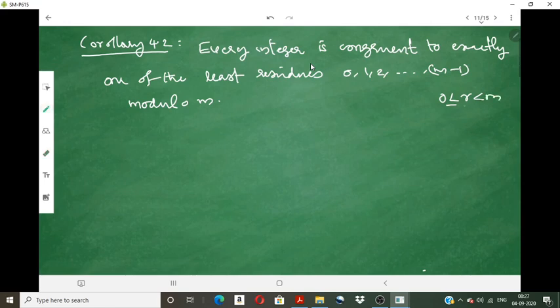So the possible values for the remainders, or least residues, are 0, 1, 2, etc. up to m minus 1. So every integer is congruent to exactly one of the least residues 0, 1, 2, 3, etc. up to m minus 1.